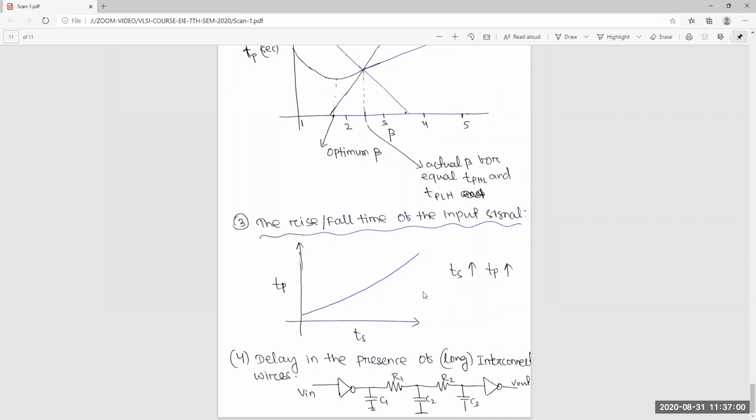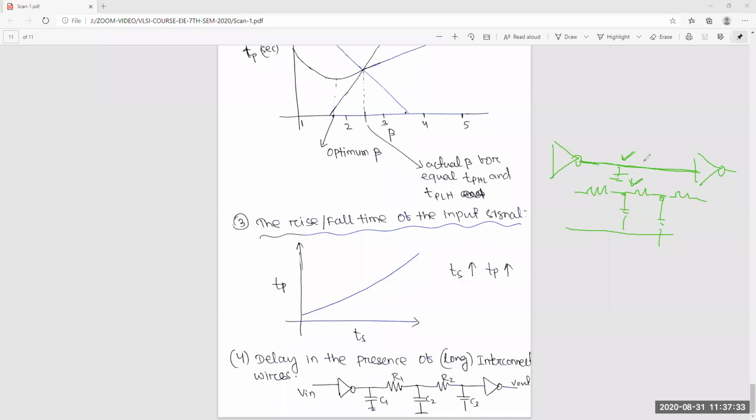Long interconnect wires means suppose two inverters are there. This is one inverter and this is another inverter, and it's a long wire. Due to this path resistance and some capacitance will come, all the effects will be added to the CL. So again the wiring capacitance will increase.